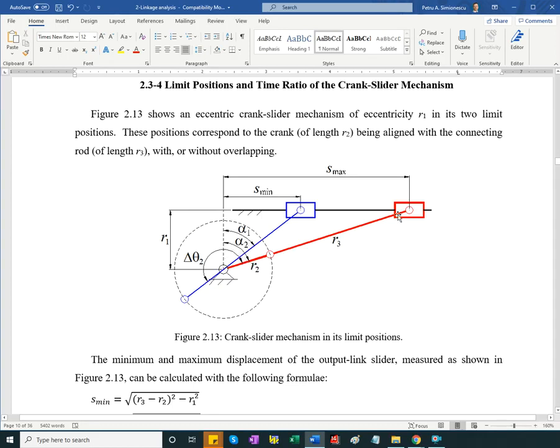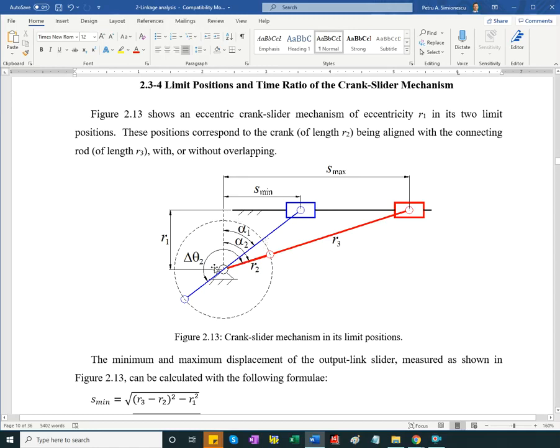It's from the same right angle triangle. So I have cosine of alpha 2 is going to be R1 divided by R2 plus R3, to get alpha 2, from which I'm going to subtract alpha 1 to get this angle, which goes past 180 degrees.